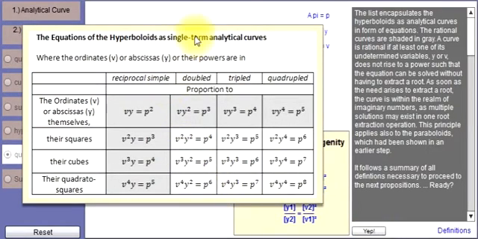And you can also say now, instead of being in a direct proportion, the abscissas and the ordinates, all their powers are standing now in a reciprocal, symbol, double, tripled, quadrupled relationship to their ordinates or abscissas themselves, their squares, their cubes, etc. And this is how he defines analytical curves. And he uses these analytical curves to go on with his work in terms of the quadrature of the circle.